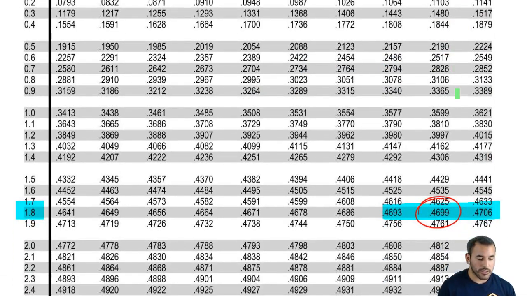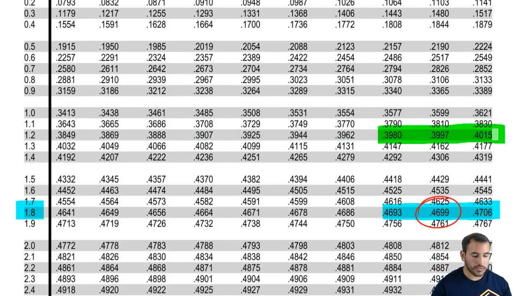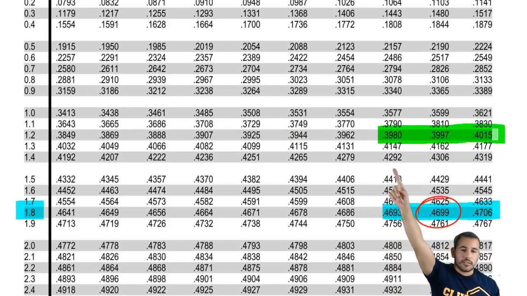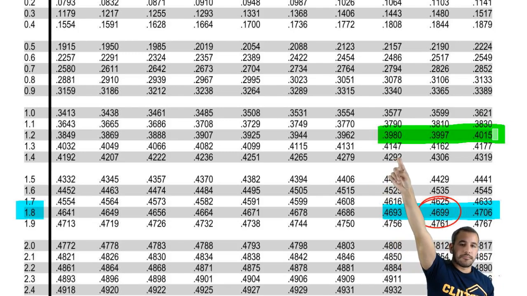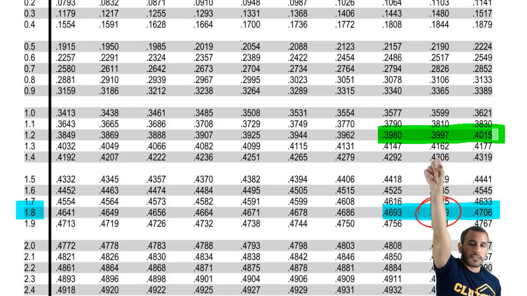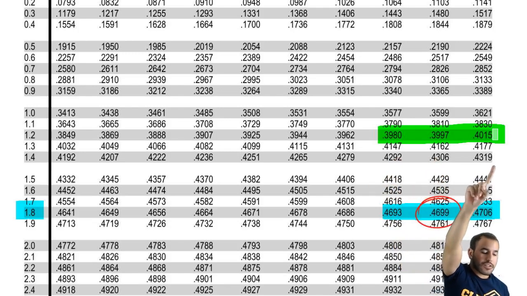So 0.40. So we got 3830, 3869, 39. So we're getting close. 39, 39, 40. So we're somewhere in between here, right? So which one are we going to pick? What I mean by 40 is 4000, right? So 4000 is 20 away from this one, 3 away from this one, 3997, and 15 away from 4015, right?